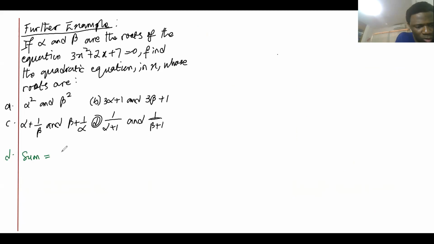Sum is 1 over alpha plus 1 and 1 over beta plus 1. We try to make the same denominator. Do we agree that we have beta plus 1 here and alpha plus 1 here?